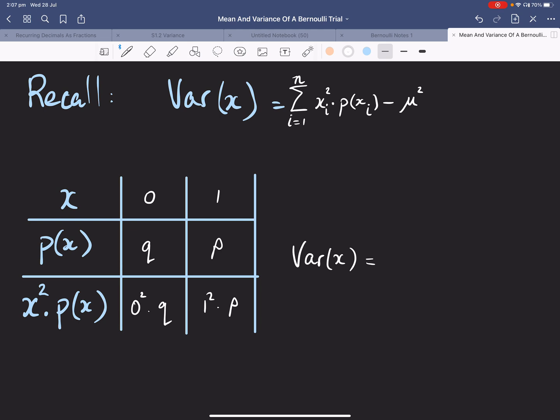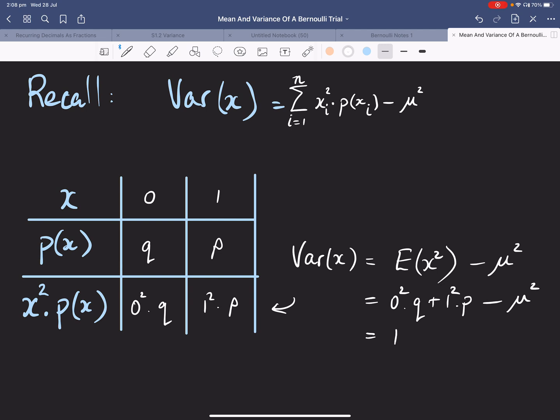We're going to have the sum of the expected values of the square of the scores, which is the sum of this row. Let's be a bit more efficient. It's the expected value of X squared minus the square of the expected value. So here it's going to be 0 squared times Q plus 1 squared times P minus mu squared.